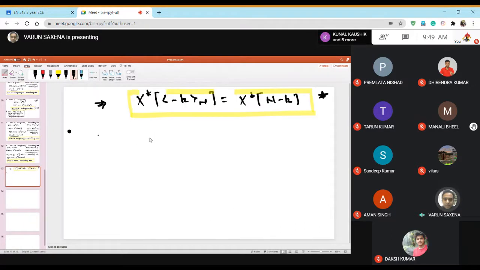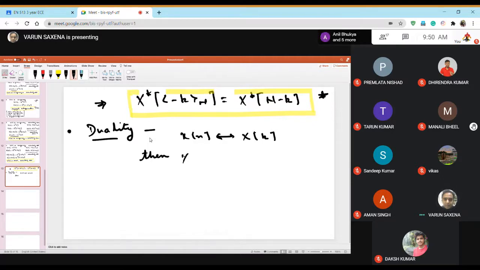Okay, so the next property is what is called as duality. So duality says that if xn is capital XK, then duality means we replace. So we write what capital Xn would mean.